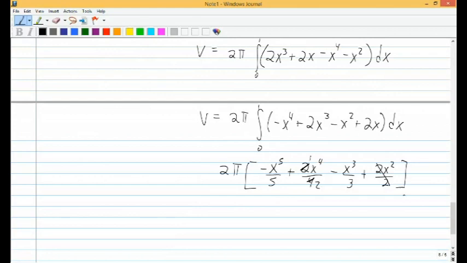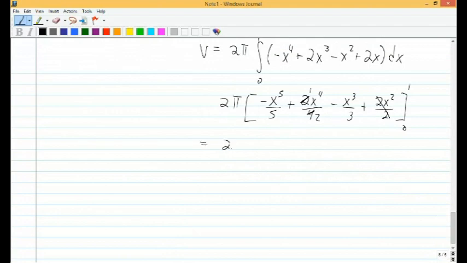And I'm evaluating from 0 to 1. Alright, so that's 2 pi times, plug in a 1, that's going to be negative 1/5 plus 1/2 minus 1/3 plus 1, minus, and when I plug in a 0, I'll get 0, 0, 0, 0. So minus 0.